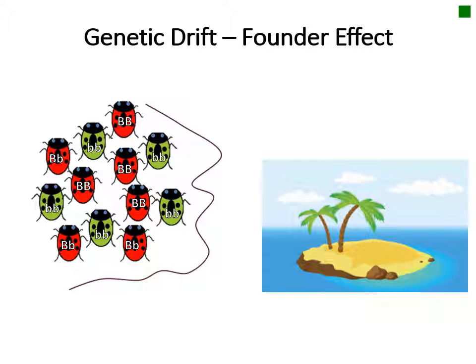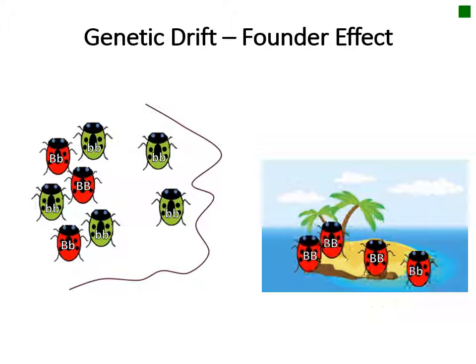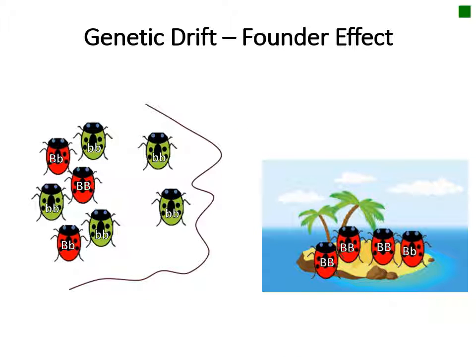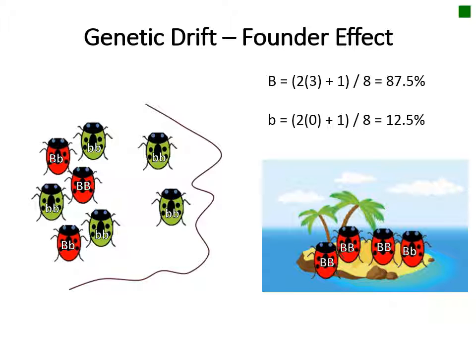For example, if 4 of the bugs from our original population flew away and landed on an island offshore, they would start a new population there. In this new population, there are all red bugs, and only 1 of the 8 alleles, or 12.5% of the gene pool, is made of the recessive allele. This is much different than the original population.